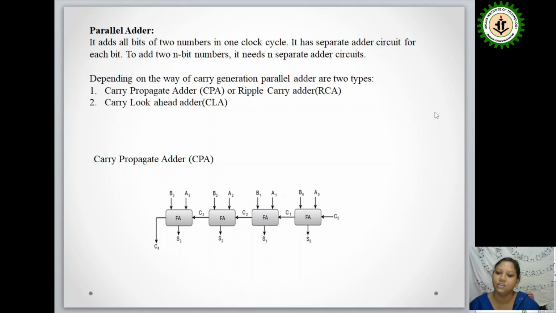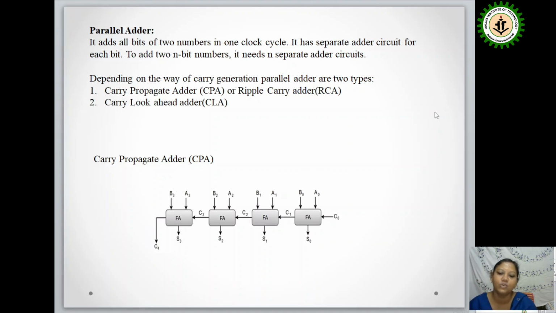So C0 enters with A0 and B0, and it generates the corresponding sum bit S0, and the carry C1 is propagated to the next full adder, where A1 and B1 are added with C1, and it generates the sum S1. The second full adder generates the carry C2.